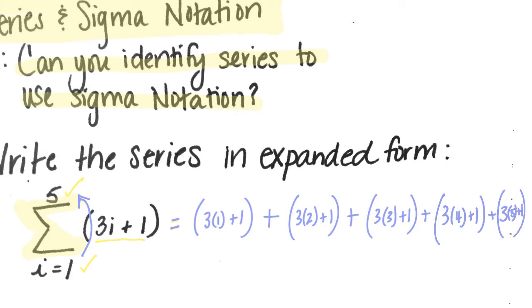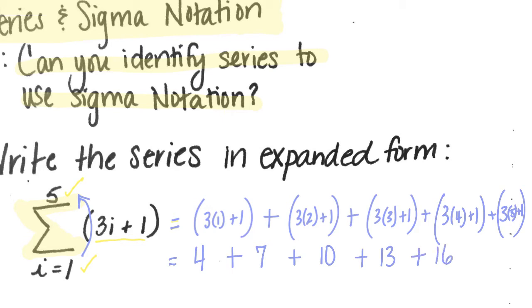Ooh, I ran out of room. So 3 times 1 plus 1 is 4. 3 times 2 plus 1 is 7. 3 times 3 plus 1 is 10. Yes, we are going up by 3. So the next one will be 13, and the last one will be 16.